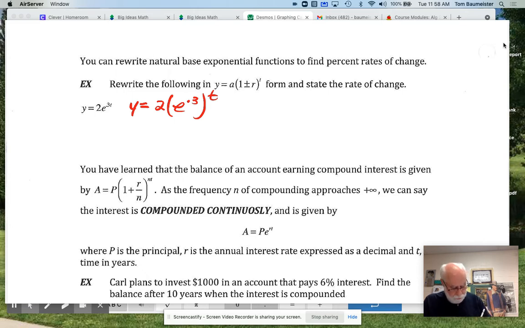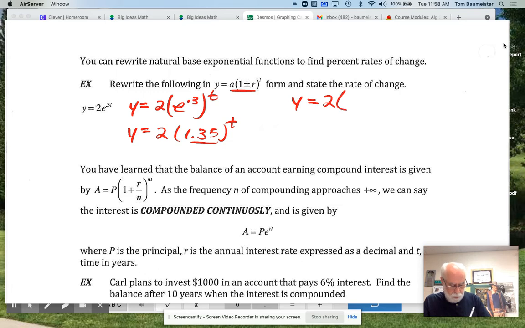So if I write that, then we can see that y is equal to 2 times 1.35 raised to the t power. To have it like this, we can see that our a is 2 in our case. So what we're going to look at is, is that 1 plus r or 1 minus r? And you would tell me that one is 1 plus r.